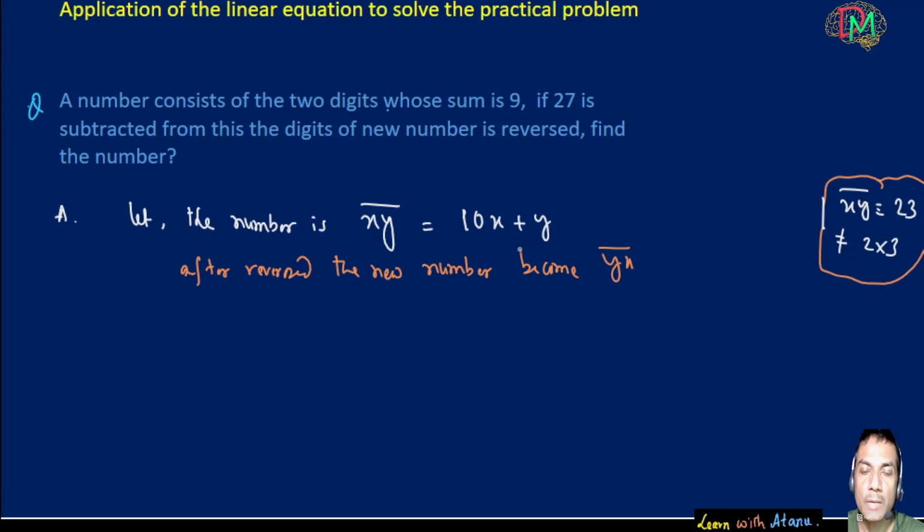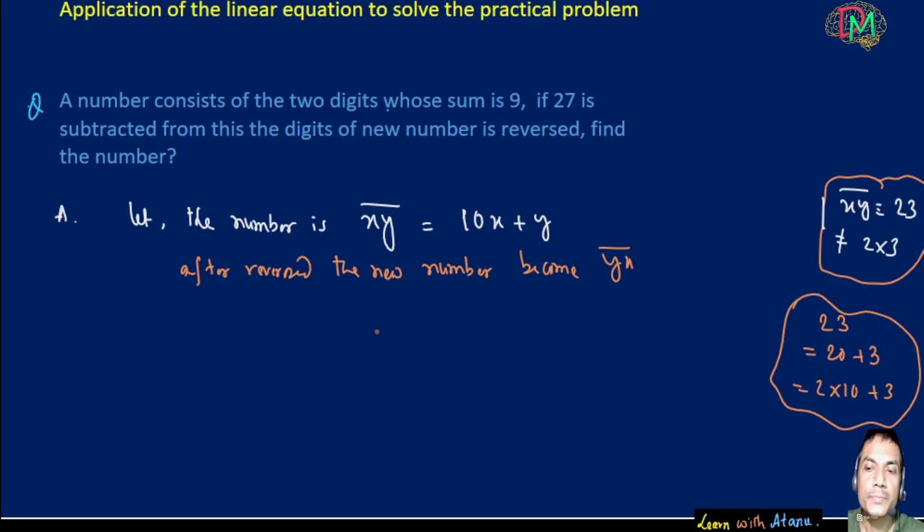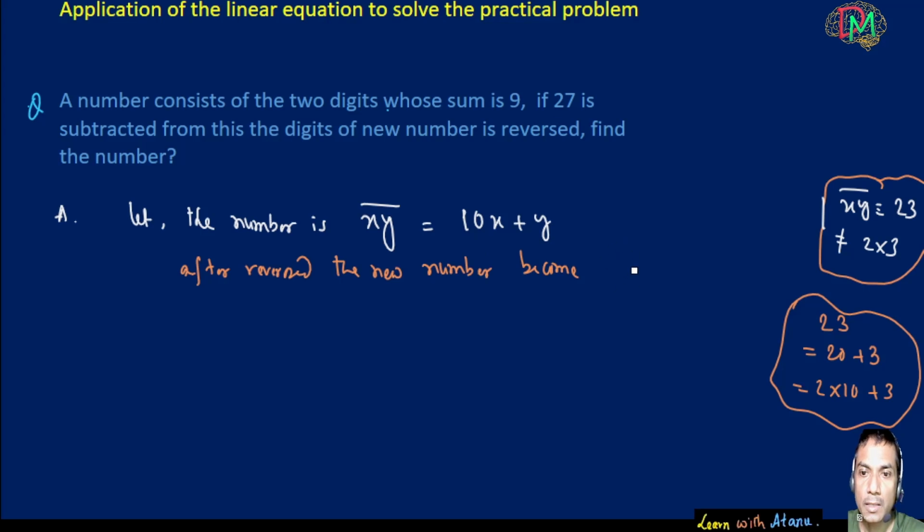That is the reason we multiply with 10. It is just like that. If I ask you the meaning of 23, 23 means 20 plus 3, means 2 into 10 plus 3. Clear? These are not part of this answer. This is actually for your concept. So this becomes yx.